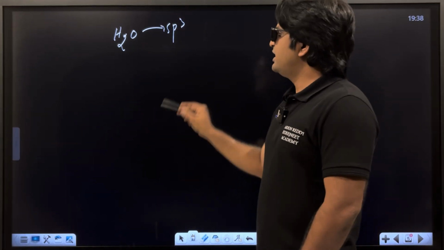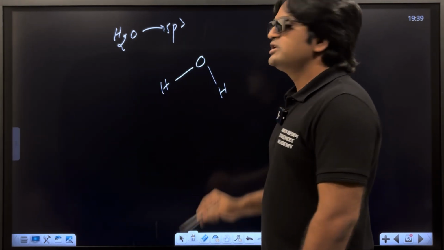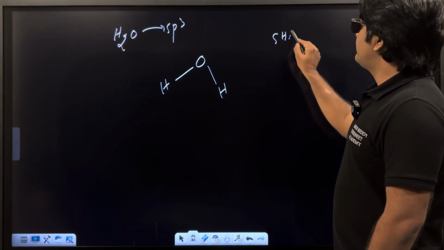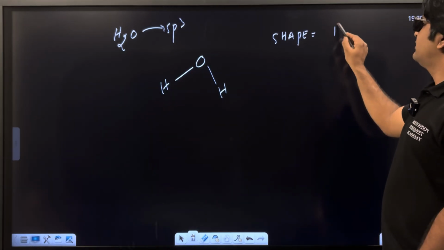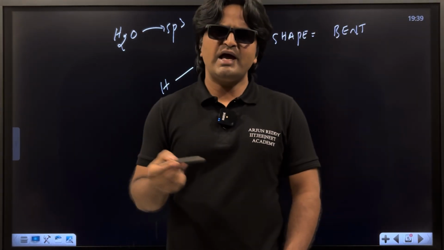Even though it is sp3 hybridization, I am not going to discuss the geometry; I am asking what the shape of the molecule is. The shape of this water molecule is bent, V shape, angular, whatever it may be.